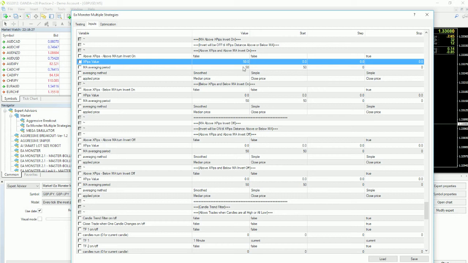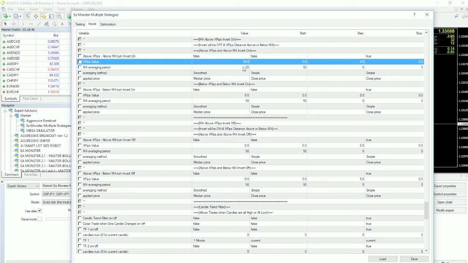If you are 50 pips away from the 50 smooth or the 200 smooth moving average, and you only allow trades beyond that, and invert is on, it means that perhaps you can open up an invert trade going back towards the moving average, sells.